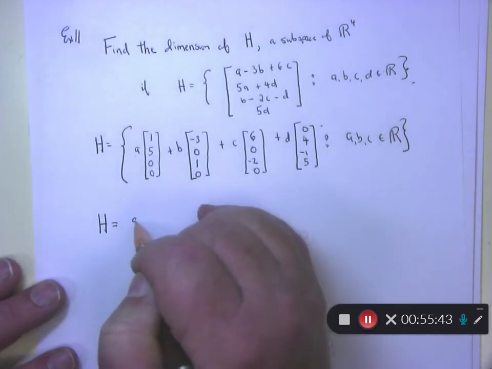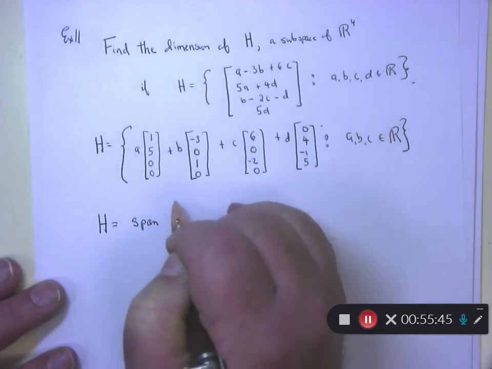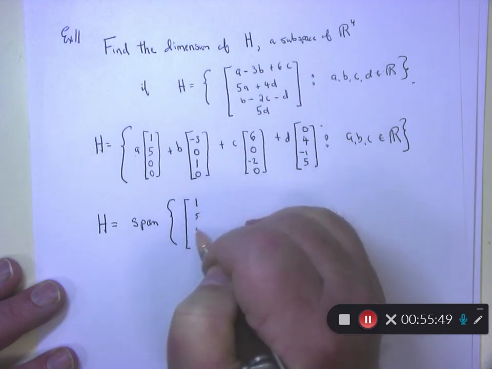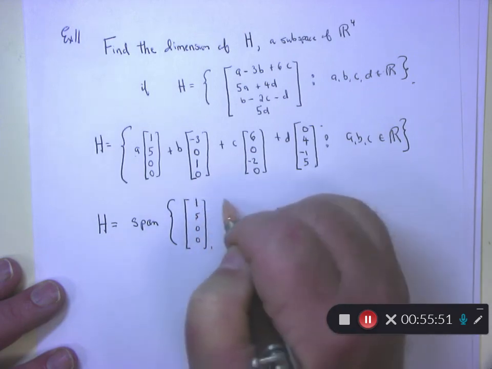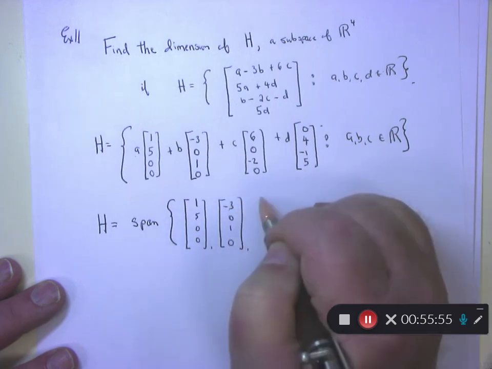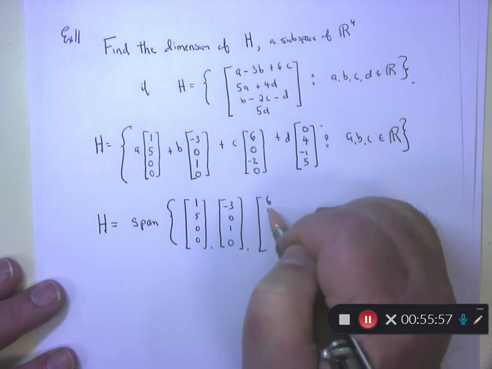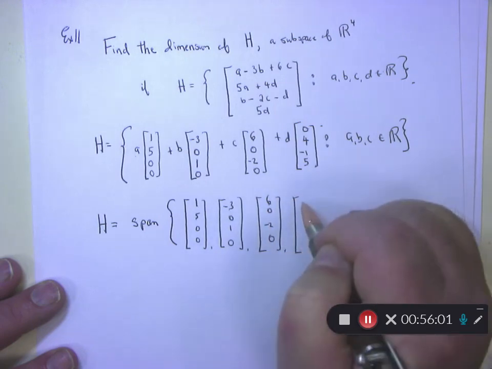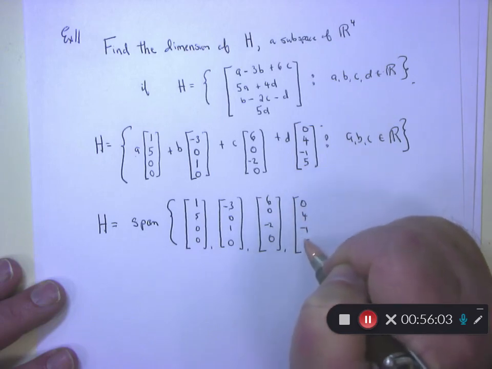So H actually is the span of the set of vectors (1, 5, 0, 0), (-3, 0, 1, 0), (6, 0, -2, 0), and (0, 4, -1, 5).